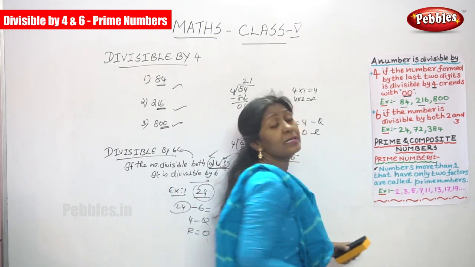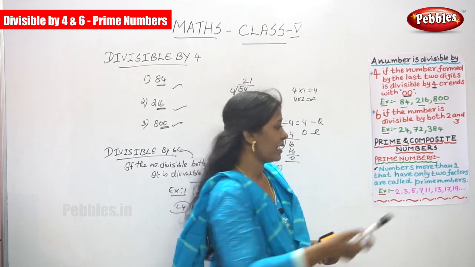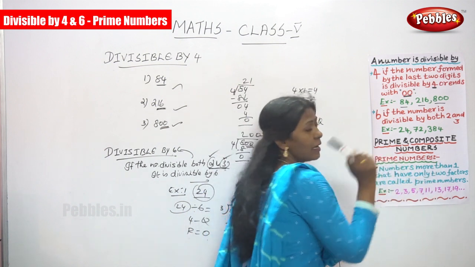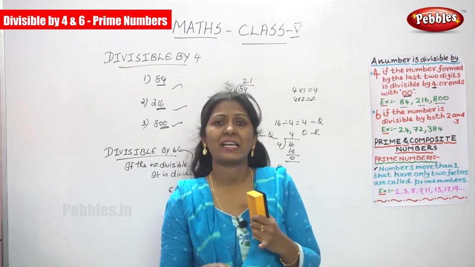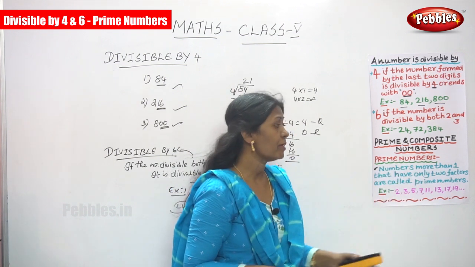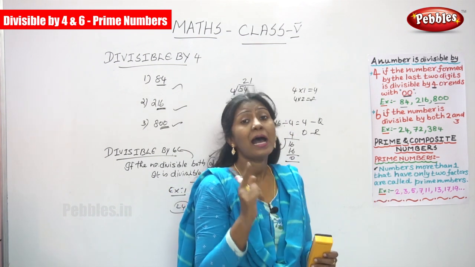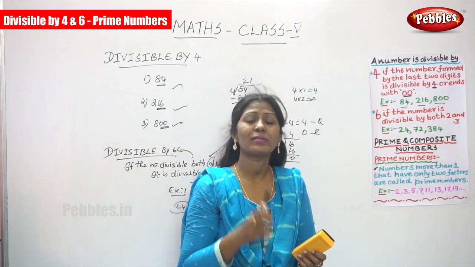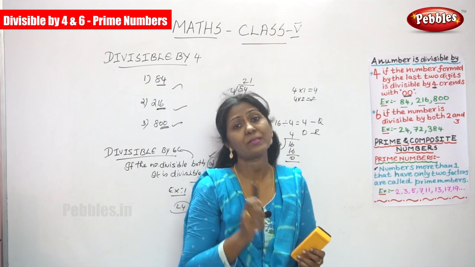Okay, 13 is divided by 13 and 1, and 17 is divided by 17 and 1. 19 is also divided by itself, that means the same number, and 1. So that is what a prime number is: a number more than 1 that has only two factors.